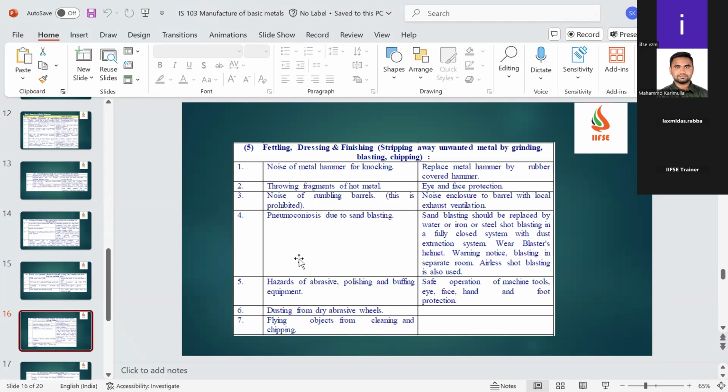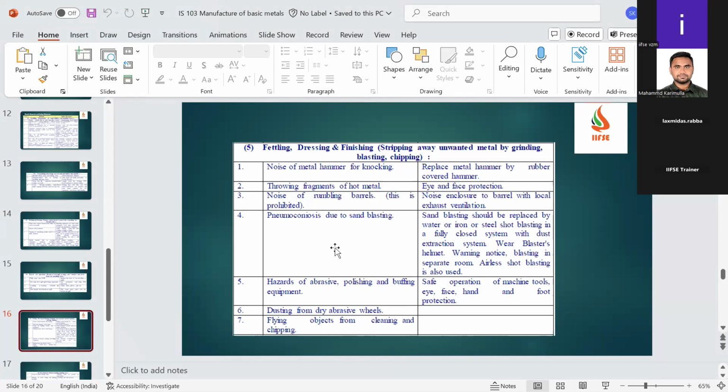These are all rotating equipment where we do finishing activities on our product. Dusting from dry abrasive wheels is metal dust, with flying objects from cleaning and also chipping. So these are the various hazards we can be exposed to in the fettling shop.